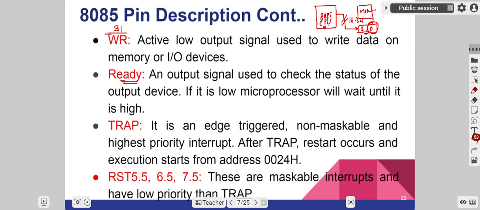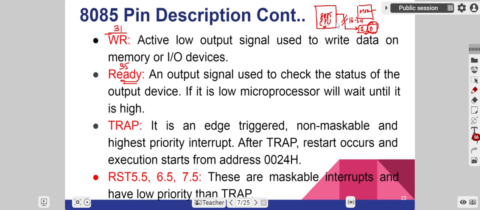READY pin. The READY pin is pin number 35 in the 8085 microprocessor. This pin number 35 is actually an input signal, which is used to check the status of the output device, whether that device is ready to have an output on it or not.